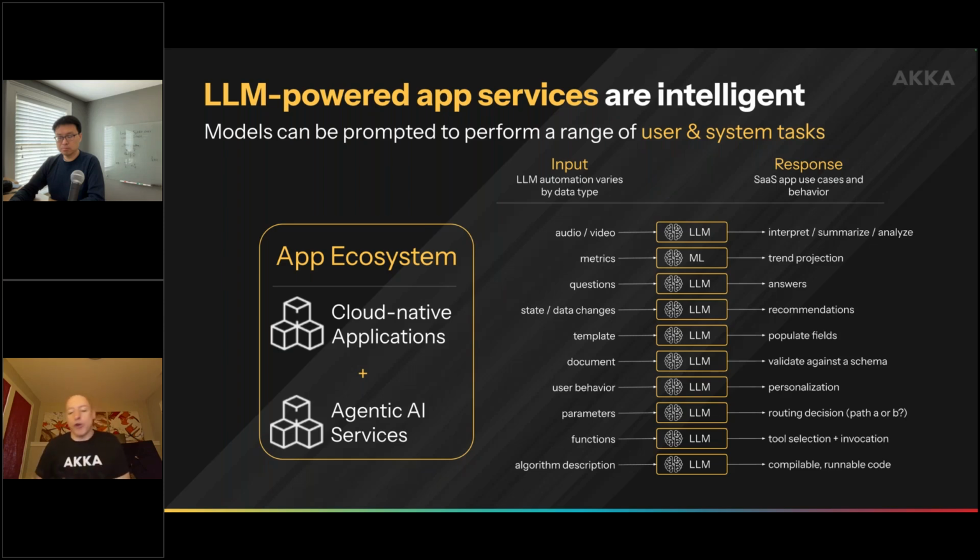I need you to call this API with exactly these parameters. And so in using that, you can start doing routing decisions, having the LLM make decisions on path A or path B. And you can take this all the way down to having the LLM come up with a custom algorithm that needs to be executed. So there's a lot of very advanced things you can do. And then the combination of these things starts to create an agentic system.